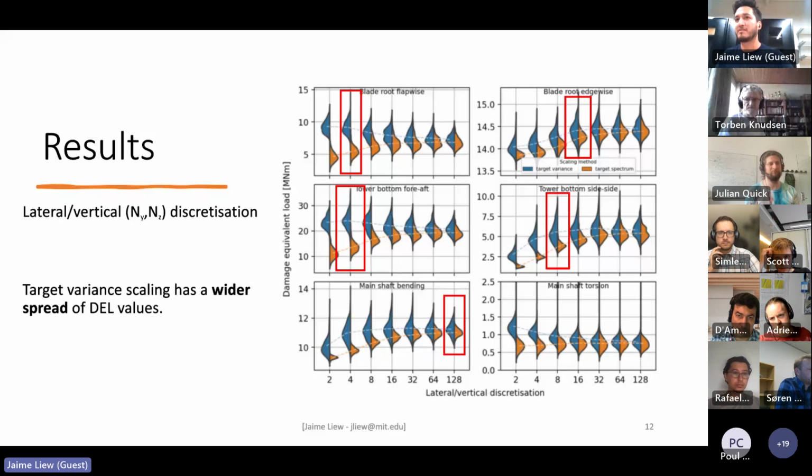Whereas if you have a better represented spectrum in the region which affects fatigue loads, the fatigue load quantity becomes more consistent, and as a result you get these narrower distributions, and you can actually get away with fewer seeds if you were using the orange distributions rather than the blue distributions. So that's the main idea. It's more about when you want to estimate the mean from a sample.